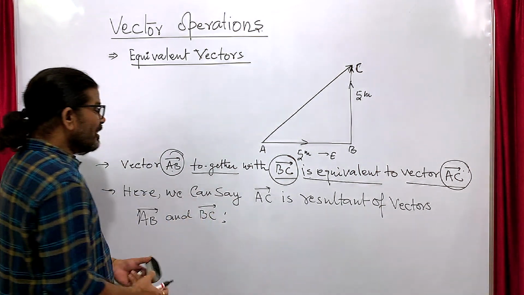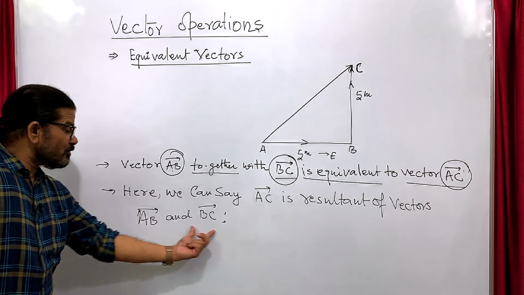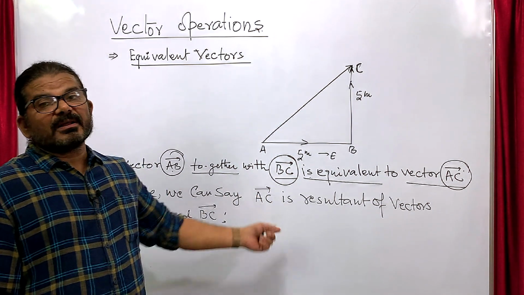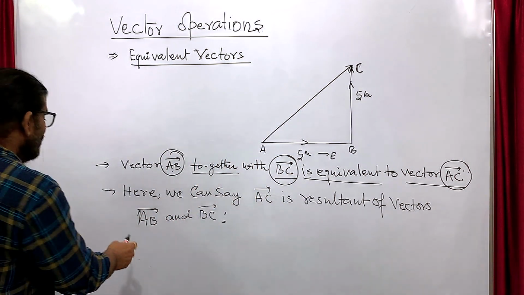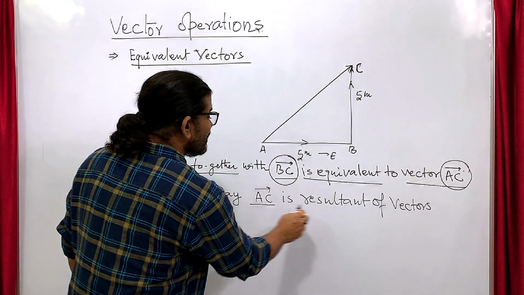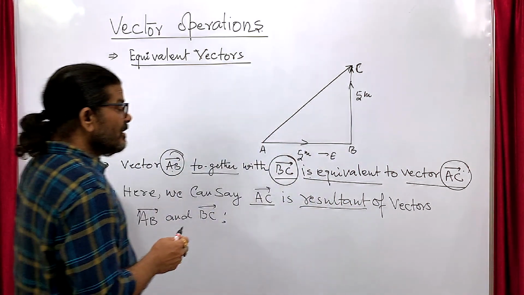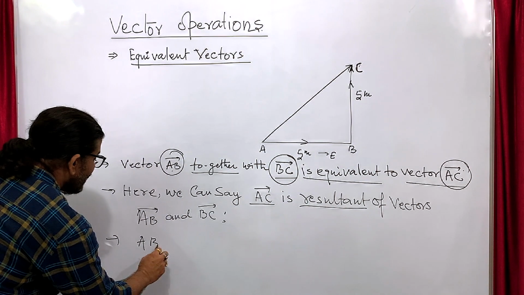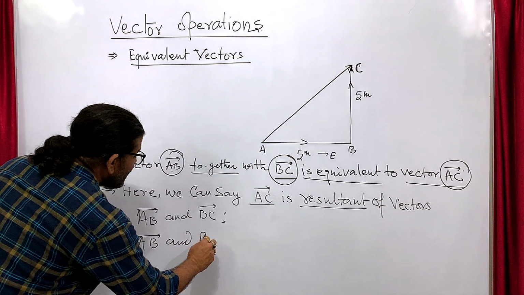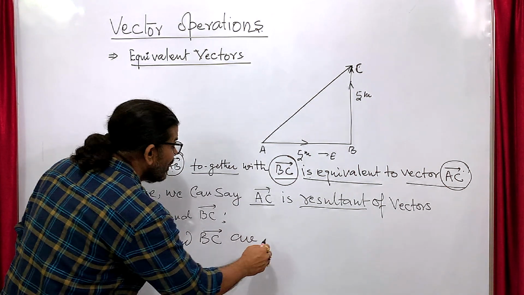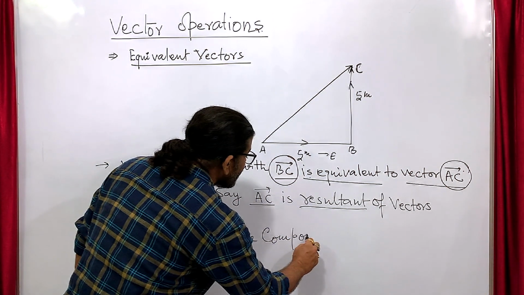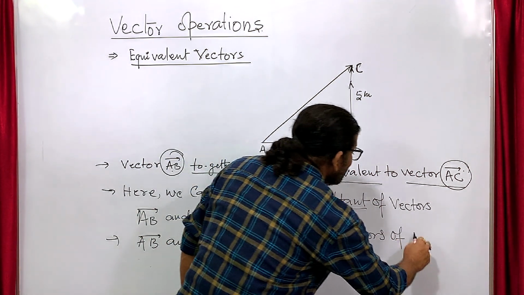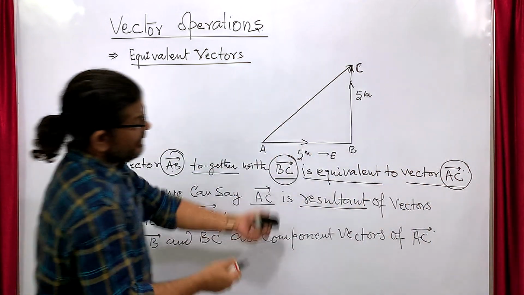Or we can say the composition of vector AB and BC is nothing but AC. Now, if AC is the resultant vector, then also we can say AB and BC are component vectors of vector AC. See here.